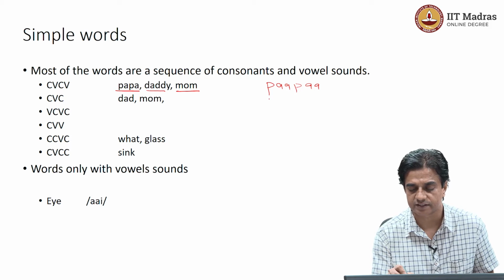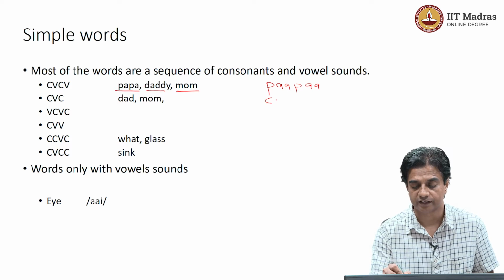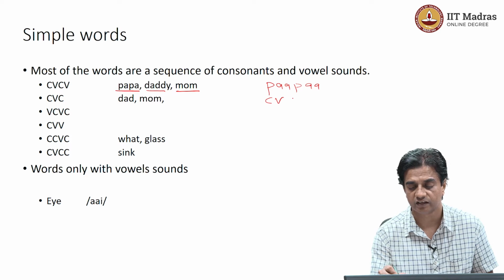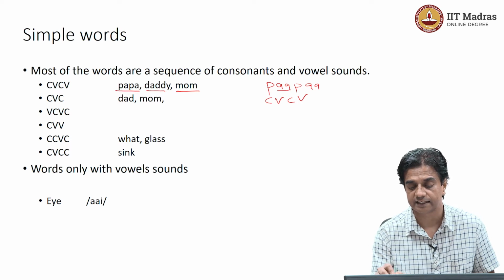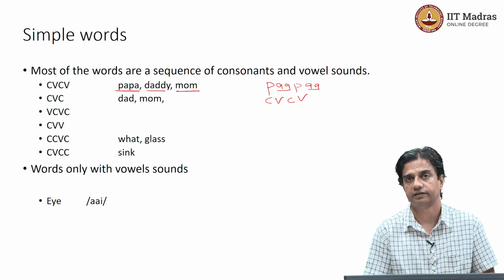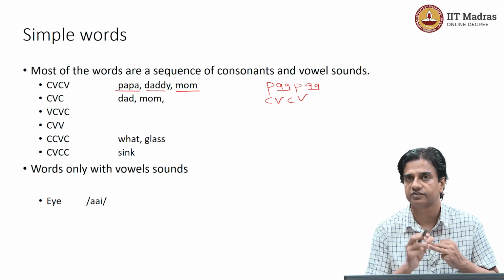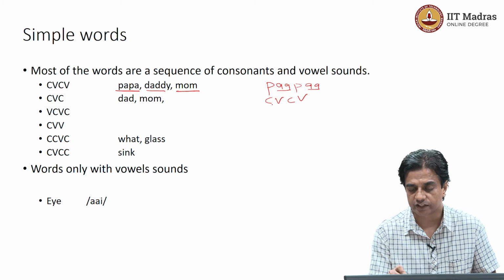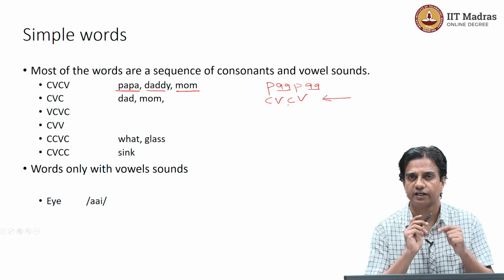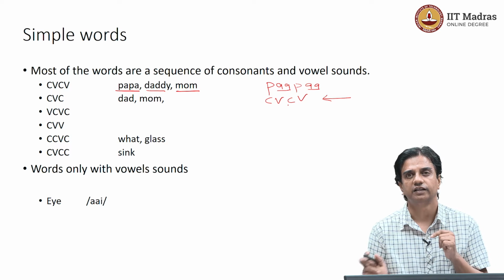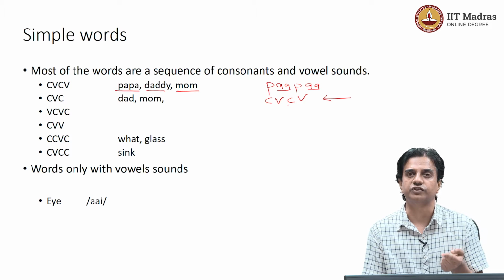If we have to identify them, we identify them as consonant, vowel, consonant, vowel. Keep in mind, this A is an example of a long vowel. So, pa consonant, A long vowel, another pa consonant, A long vowel. So, this word has this pattern, that is CV, CV, that is consonant, vowel, consonant, vowel. A simple alternation of consonant and vowel gives you this word.